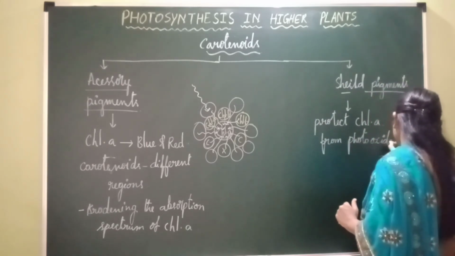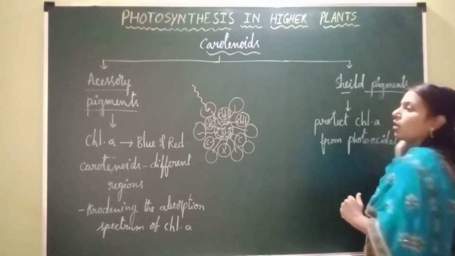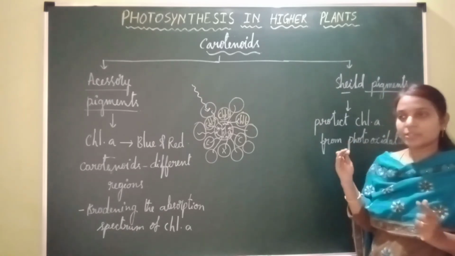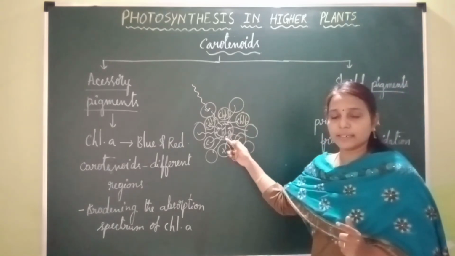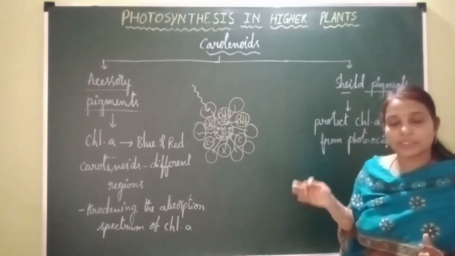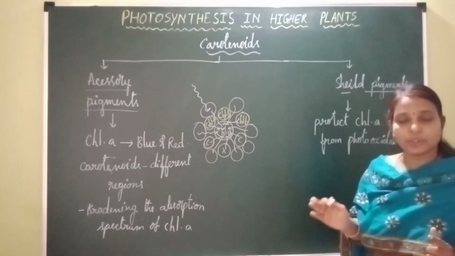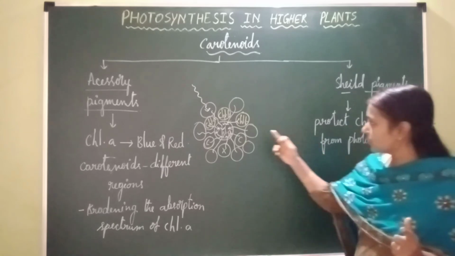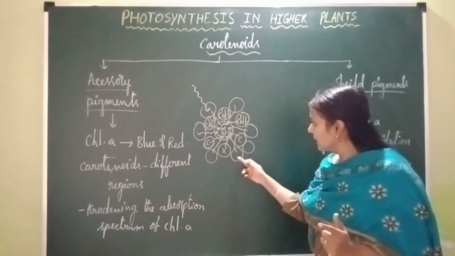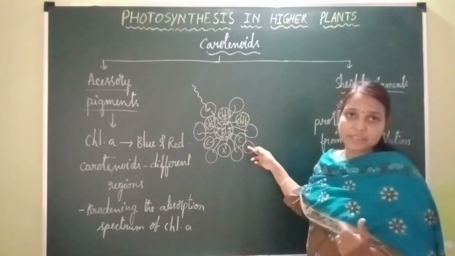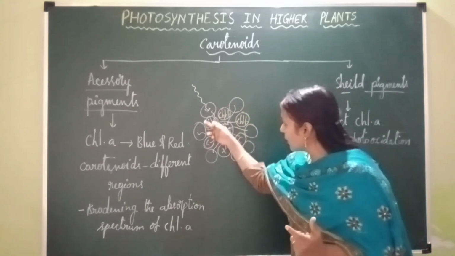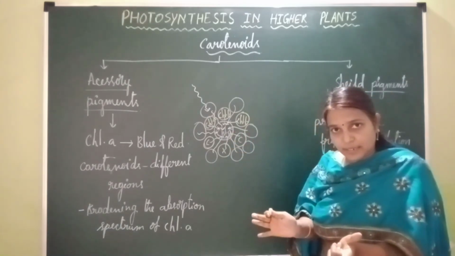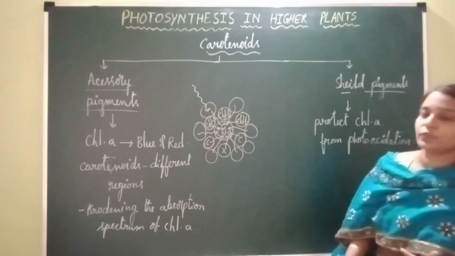When the incoming sunlight has higher intensity, the activated chlorophyll A forming the reaction center can undergo oxidation, that is breakdown, and the structure of chlorophyll A gets destroyed. So the carotenoid pigments, carotenes and xanthophylls, present around chlorophyll A protect it by being around it and preventing its photooxidation.